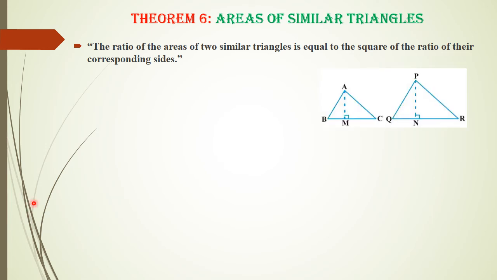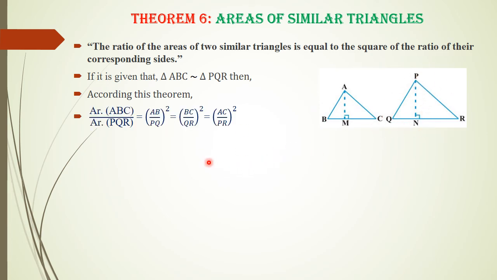Suppose there are two triangles here, triangle ABC and triangle PQR. Suppose we have already proven that these two triangles are similar. In that case the ratio of the area of ABC to the area of PQR is going to be equal to the square of the ratio of any one corresponding side.